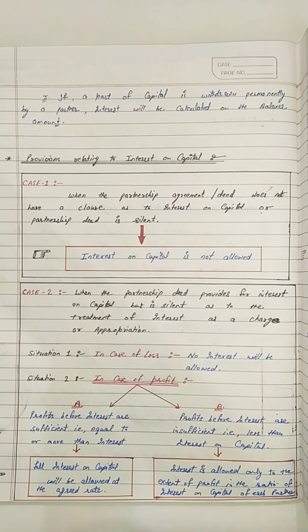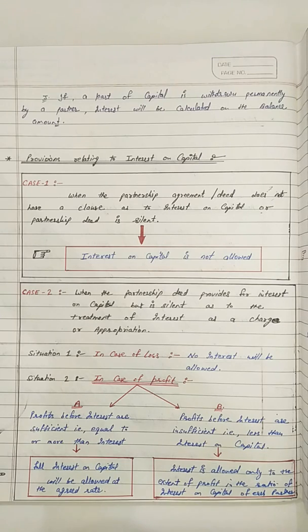In the second case, when the partnership deed provides for interest on capital but is silent as to the treatment of interest as a charge or appropriation.